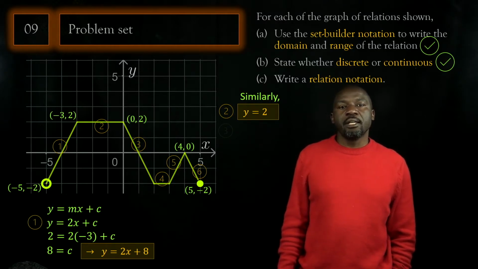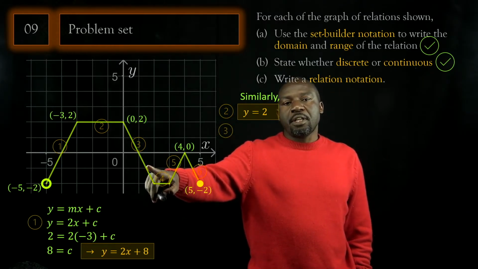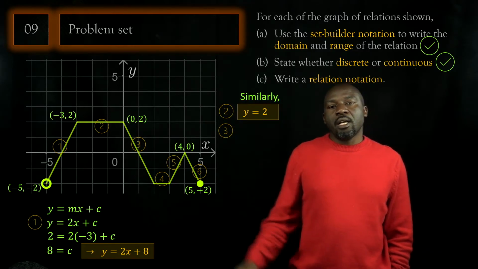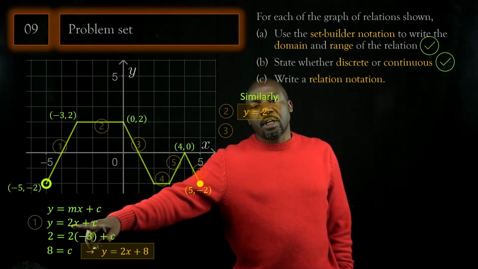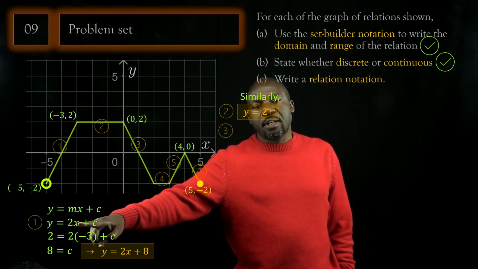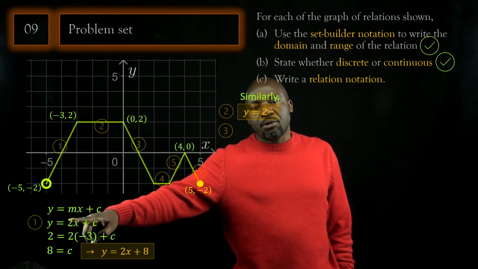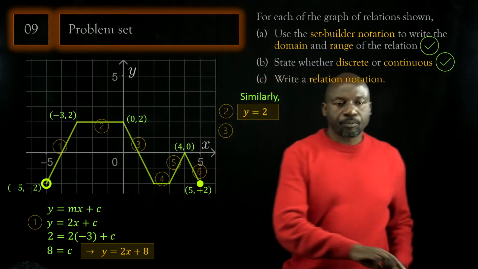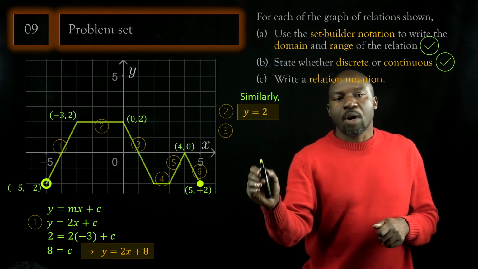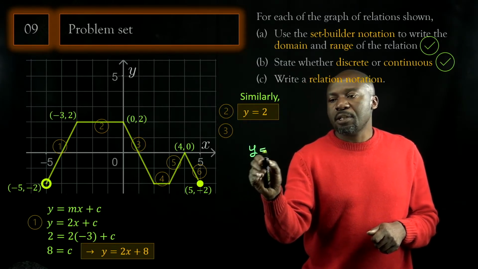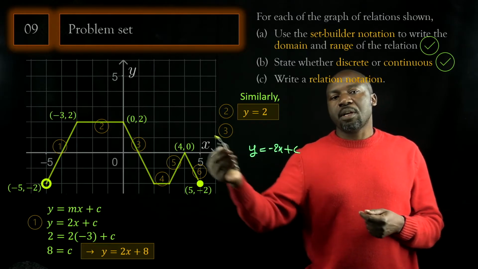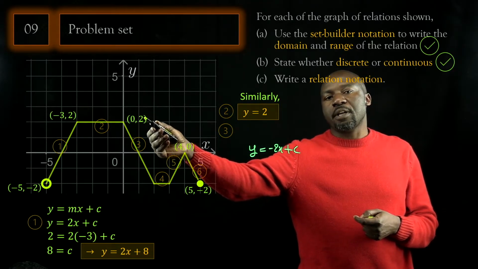Line 3, the gradient for line 3 is negative 2, as we had said. So because m is negative 2, we can write y is minus 2x plus c, and then we pick a point, that very point there.